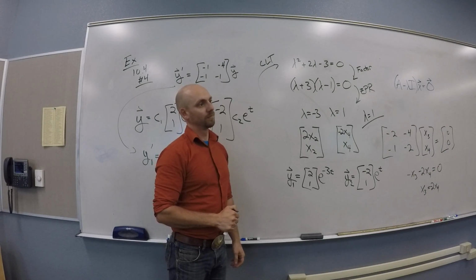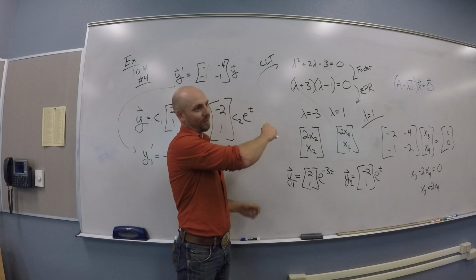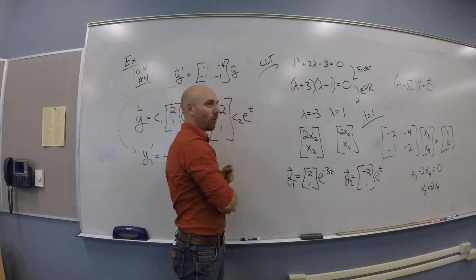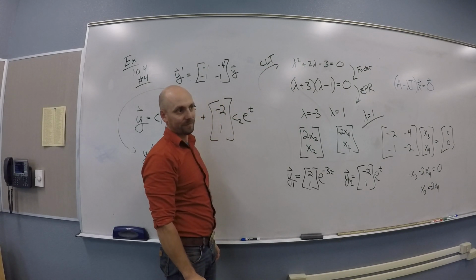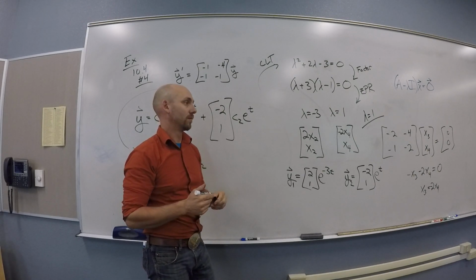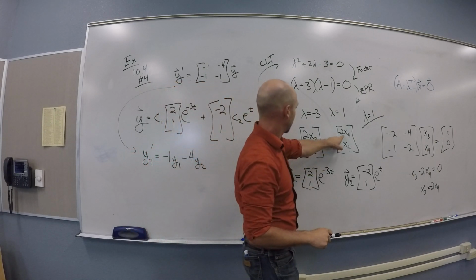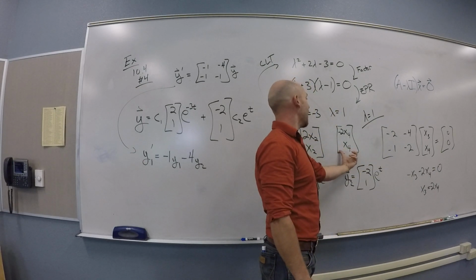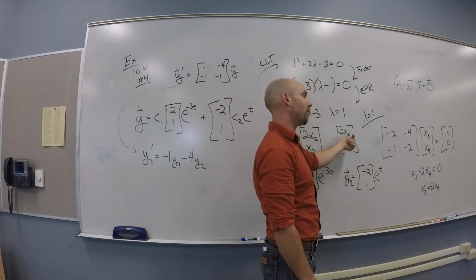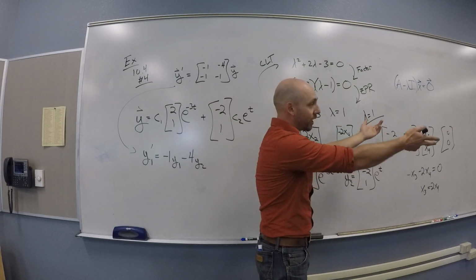It's not one vector, it's like a whole line worth of vectors. And the negative sign doesn't matter either, you had -2 and 1, could have been 2 and -1, it would have been the same thing. This can be any scalar multiple of the vector -2, 1, including a negative one.